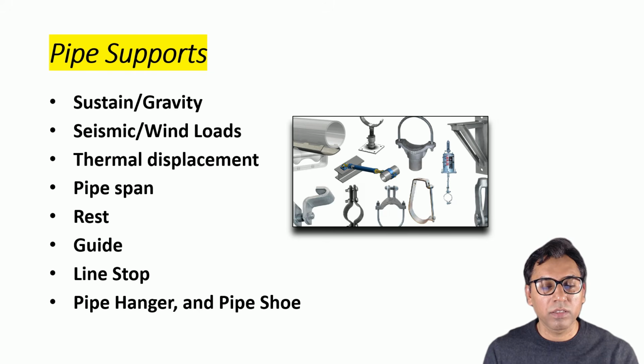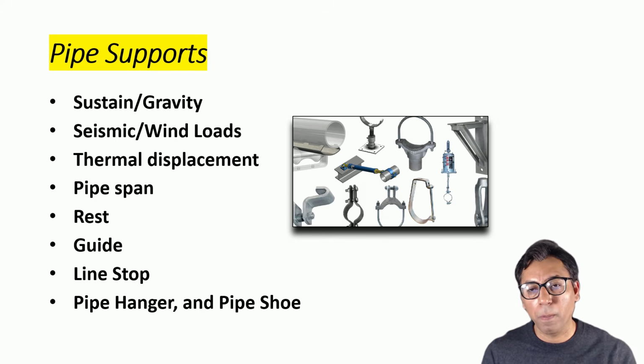They are used to sustain gravity loads, to give constraint for load and displacement for seismic and wind cases, to manage pipe span, and to manage pipe thermal displacement. Common types are rest or V-type supports, guides, line stops, anchors, pipe hangers, clamps, and pipe shoes.